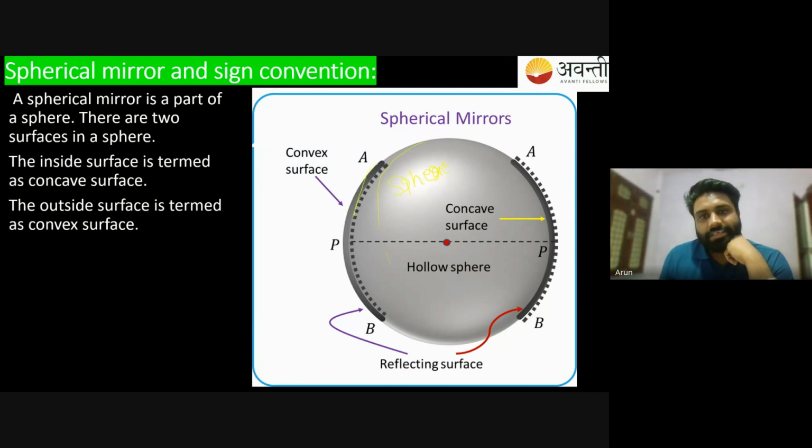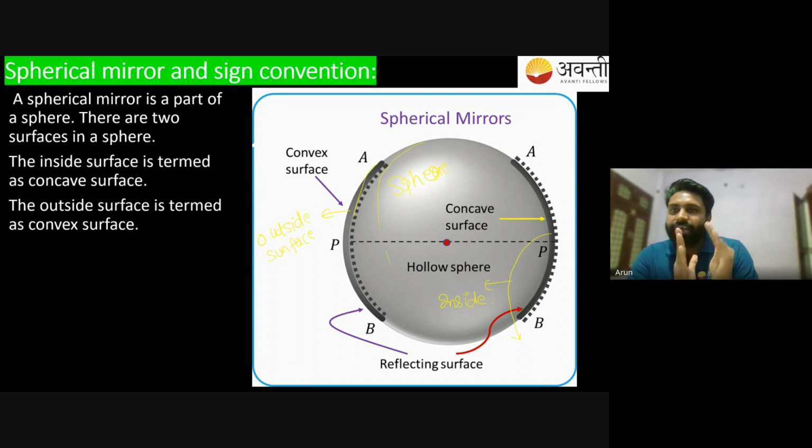One is the outside surface, and one is the inside surface. The outside surface is termed as the convex surface, and the inner surface is termed as the concave surface.